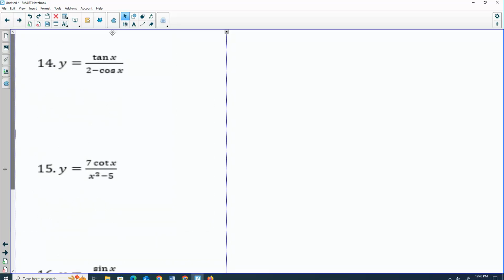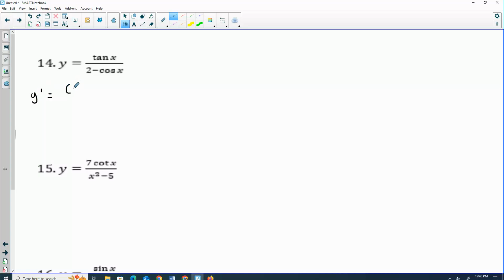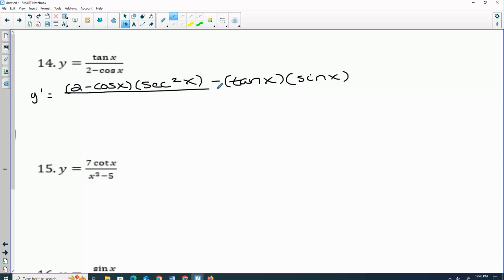Okay, so quotient rule. Low, so 2 minus cosine x, D high, derivative of tangent, minus high, D low, so derivative of 2 is 0, minus the derivative of cosine is negative sine, so minus and negative makes positive.